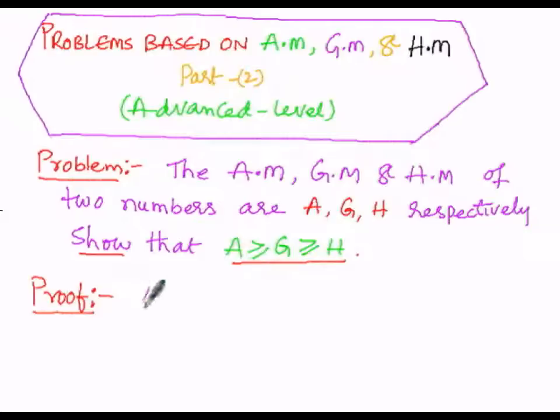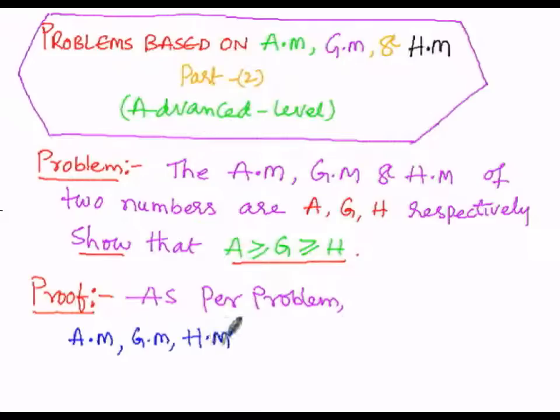So in our proof, as per the problem, the arithmetic mean AM, geometric mean GM, and harmonic mean HM are given by capital A, capital G, and capital H. So here let us suppose two numbers.